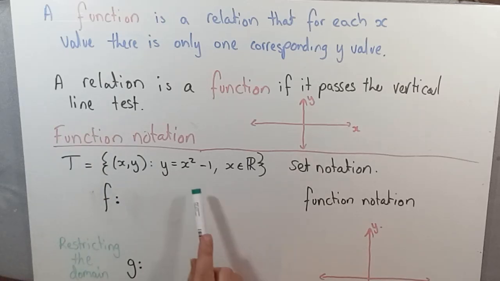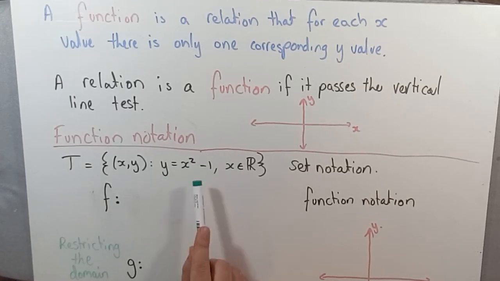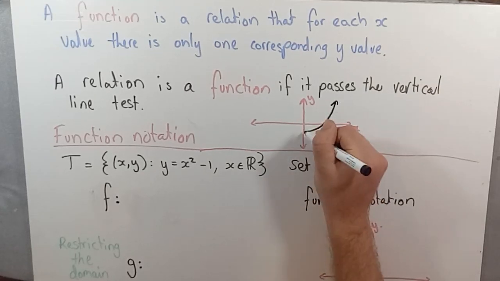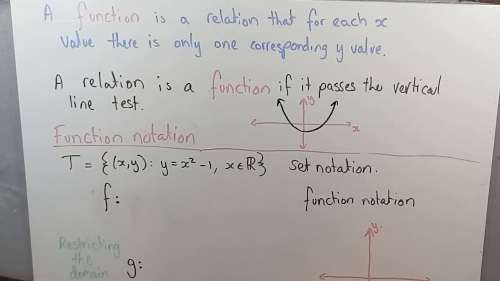So let's take this function here, y equals x squared minus 1. Well, this relation, we'll see if it's a function. We drew it before. It's a parabola that's been moved down 1.